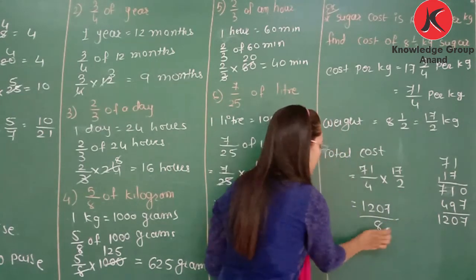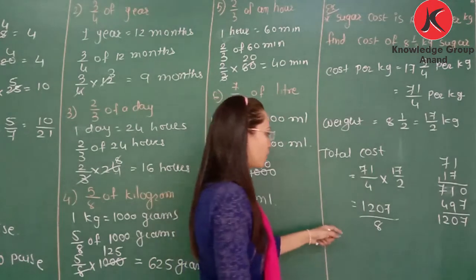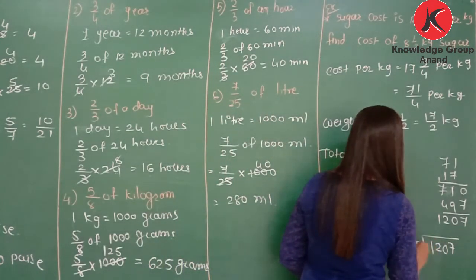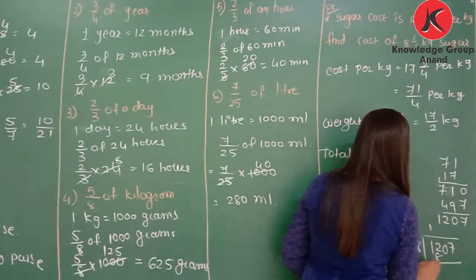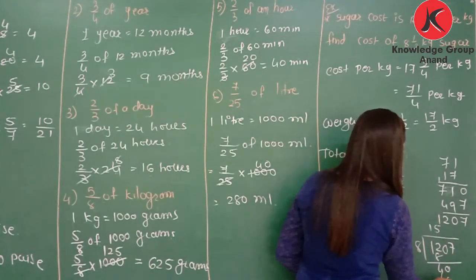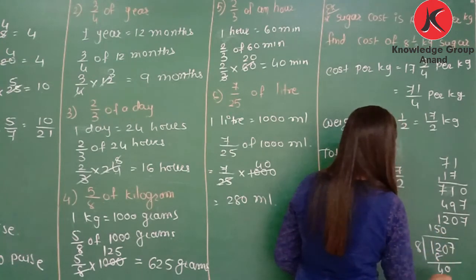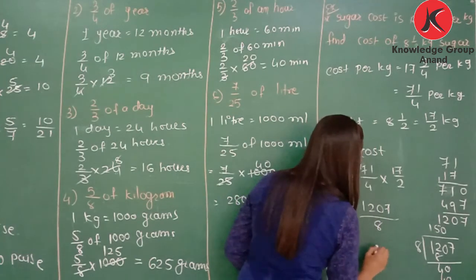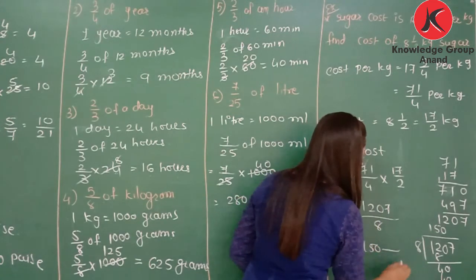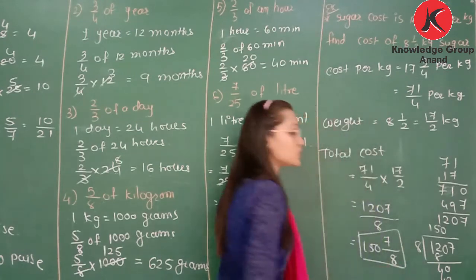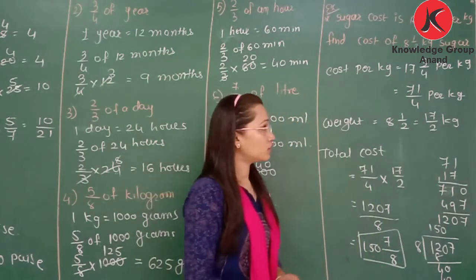You can also convert this into mixed fraction, or you can leave the answer like this. So it is 150 and 7 by 8. So this will be the total cost of sugar.